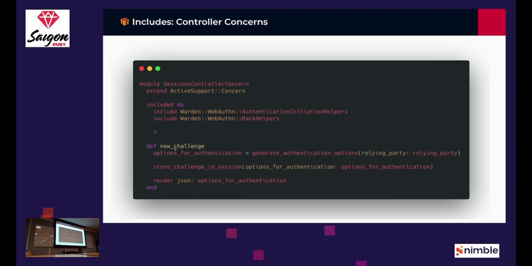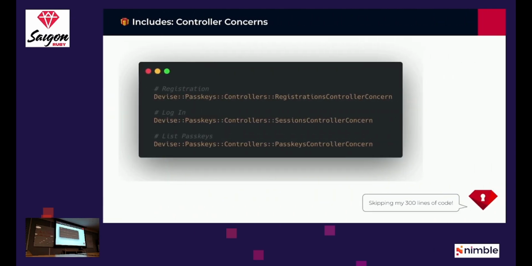This new challenge function is responsible for generating a JSON response to return to the client, and the client needs to use that to start the flow on the device side. And there are several other controller concerns as listed here for managing the Passkey, logging in the user, or registering a Passkey.